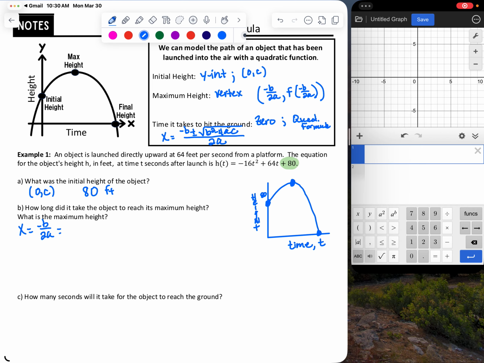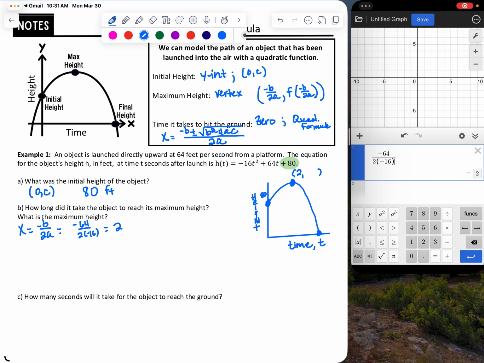So in this problem, b is 64, so we're taking opposite of 64 divided by 2 times a, which is negative 16. Now, if I put this in my calculator, negative 64 over 2 times negative 16, that gives me 2. So I know my vertex is going to be 2 comma something.